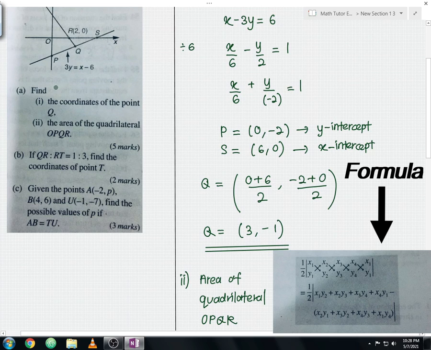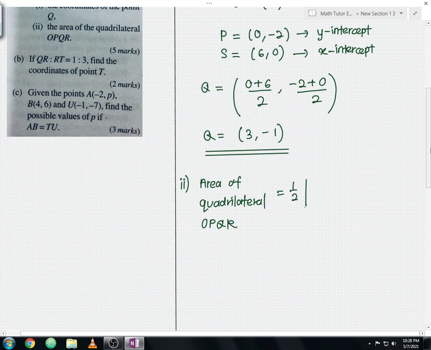So in this case we are going to start with O, followed by P, then Q, then R, and lastly you must end with the origin, which is O, in order to calculate the area of the quadrilateral. Let me show you in the working here.